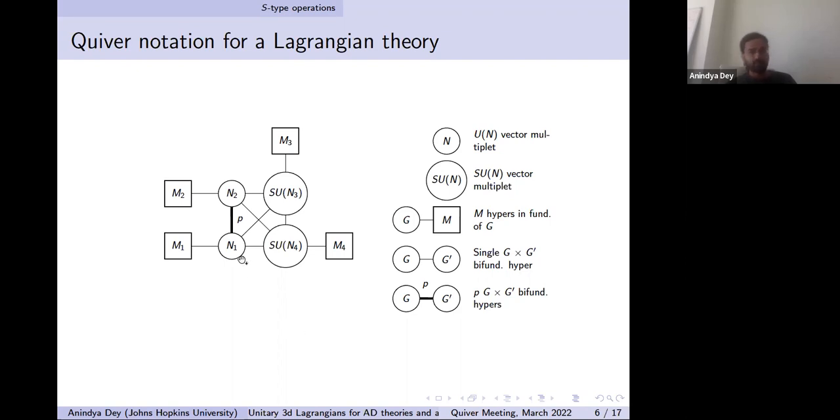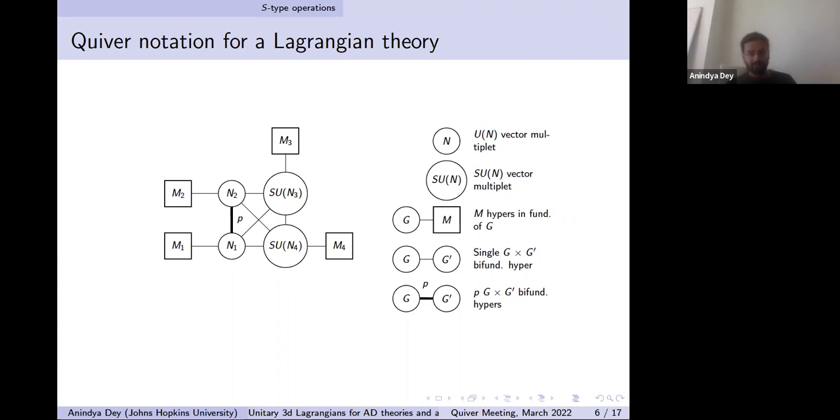The only new thing probably is this thick line connecting two gauge nodes. What it means is that you have p bifundamentals connecting U(N2) and U(N1). And there might even be bifundamentals connecting U(N) and SU(N) and so on. So all combinations are possible.